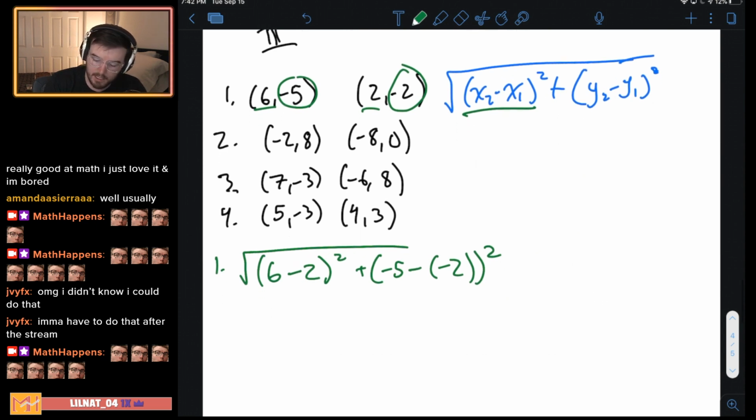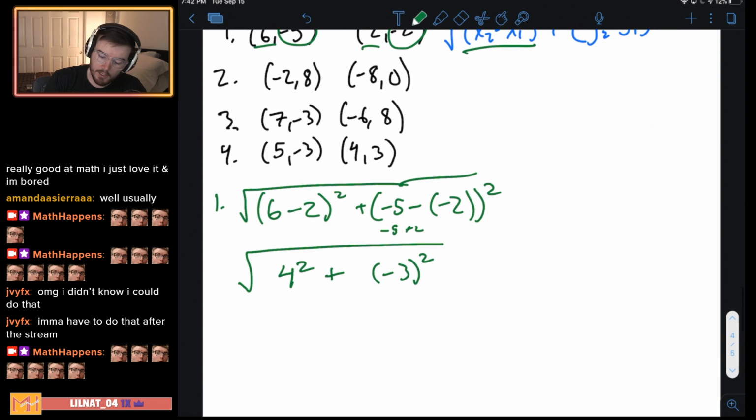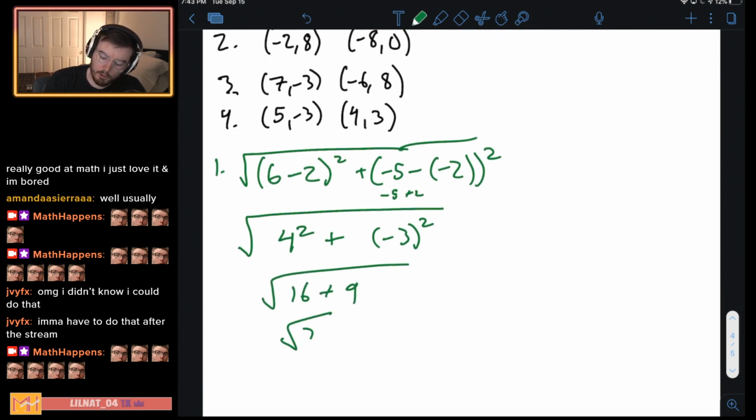We're not making a mistake here. So when I do this, I end up with 4 squared, and minus -2 means plus 2. So -5 plus 2 is -3 squared. So I end up with 16 plus 9. The square root of 25 is 5. So that's what it means by easy, is that it works out to a nice, pretty whole number answer. The answer is 5.